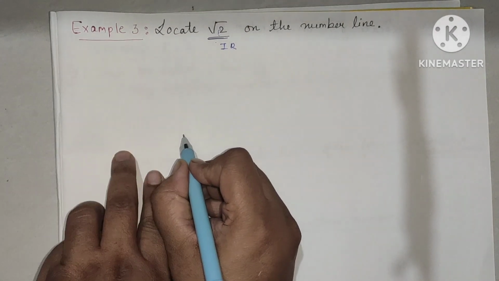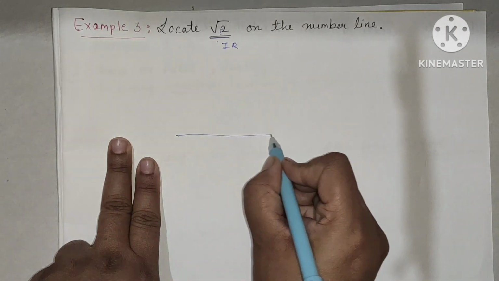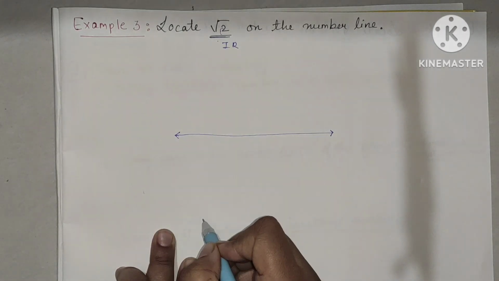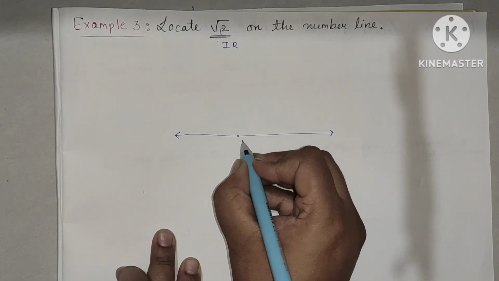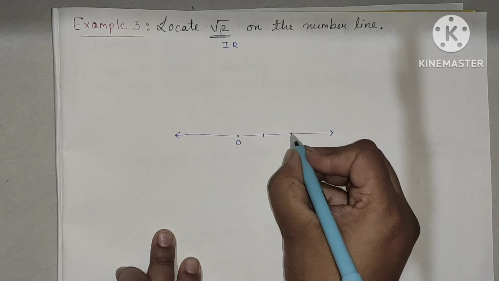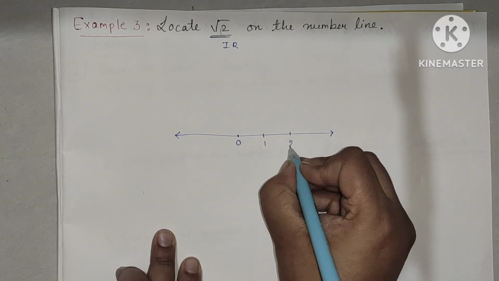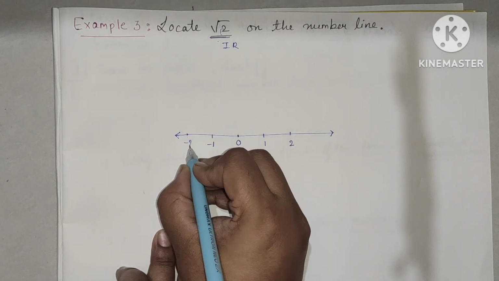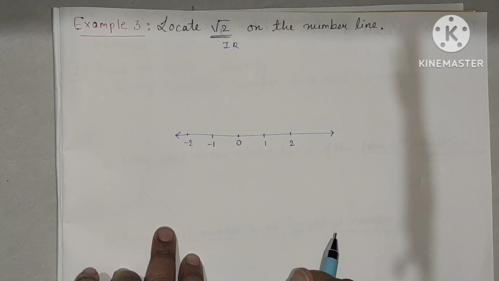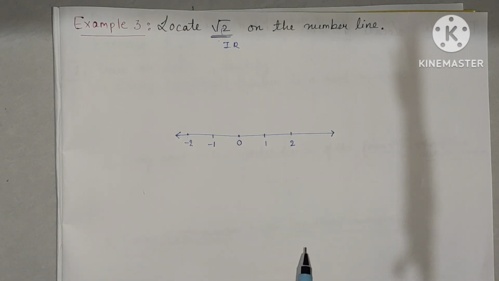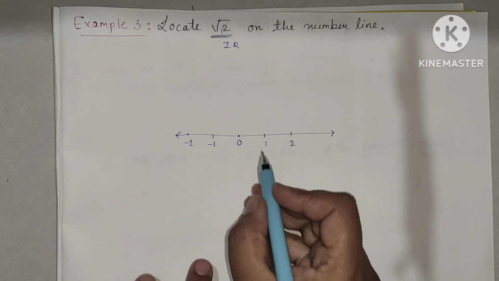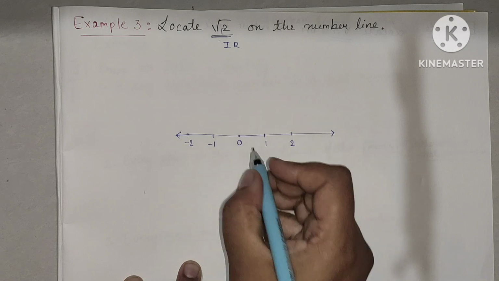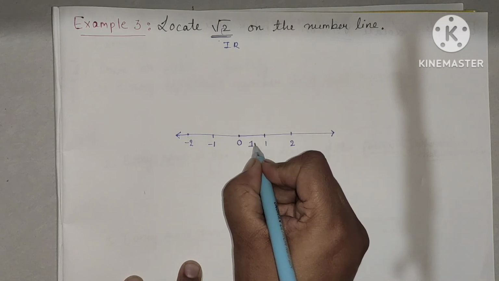First of all, draw a number line. Make partitions with 1 unit for each point. Here I am taking it roughly; you can use a scale for this. I have assumed that this is 1 unit distance.